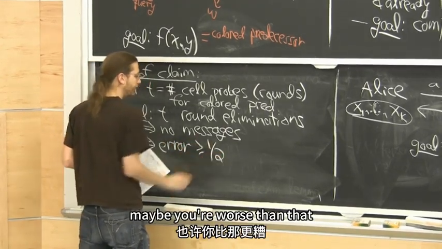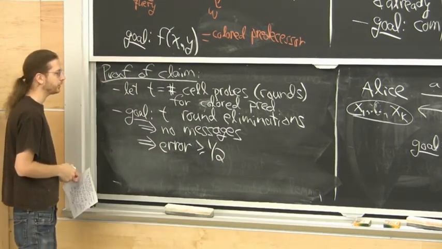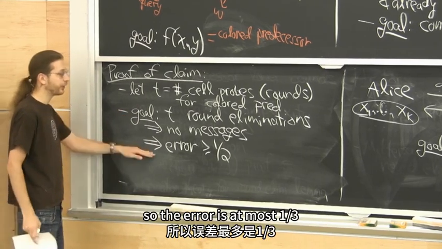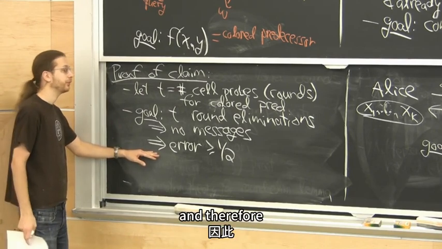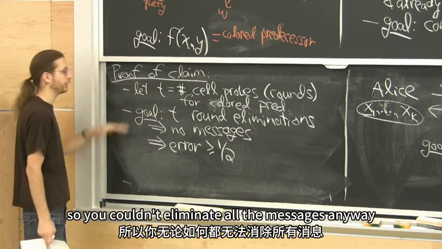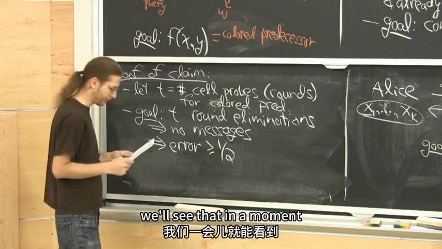Maybe you're worse than that, but the probability of error has to be at least a half. So we'll either get a contradiction, or we set things up so the error is at most a third, and therefore this will prove that T has to be large. So you couldn't eliminate all the messages. Anyway, we'll see that in a moment.